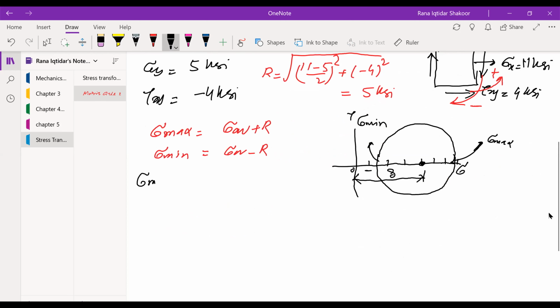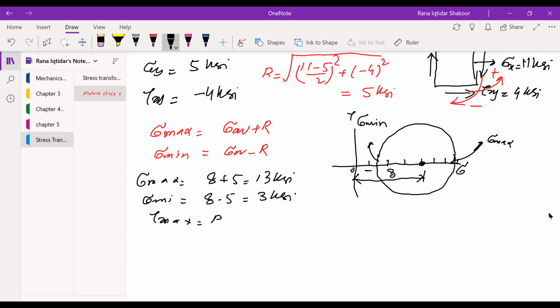So sigma max will be sigma average 8 plus 5, which is 13 ksi, and sigma min will be 8 minus 5, which is 3 ksi, right? So tau max will be equal to R, and that will be 5 ksi.